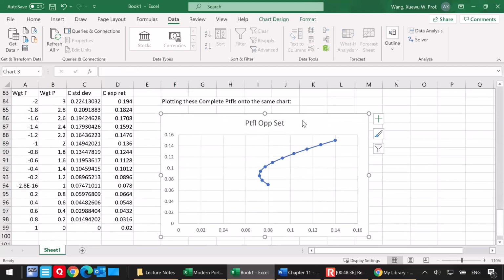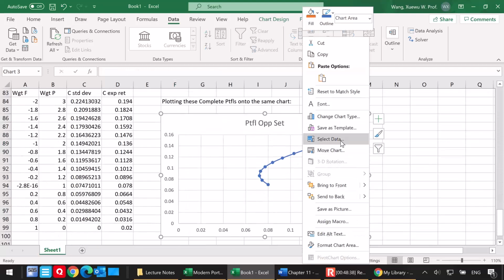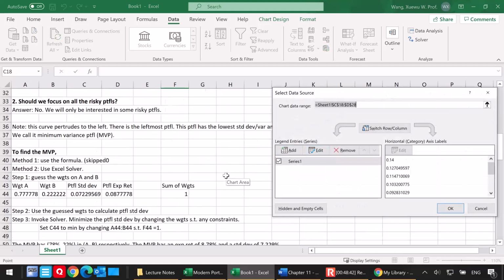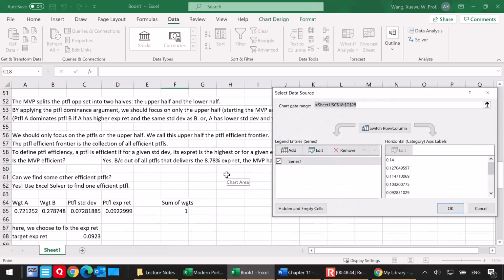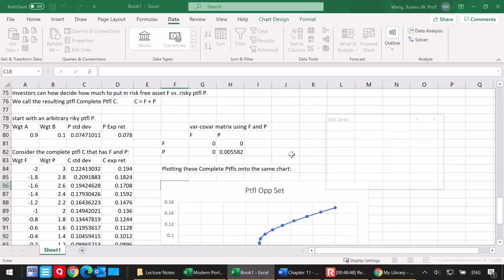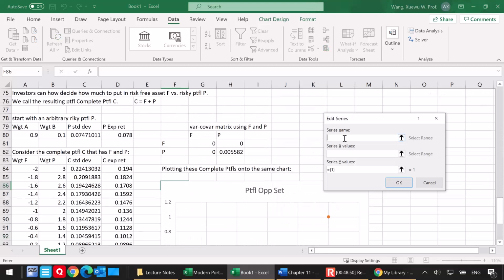Let me select the data here, and I want to have another series. So let me scroll down here. Let me add another series, and we call this the arbitrary capital allocation line. I'll explain that in a second.